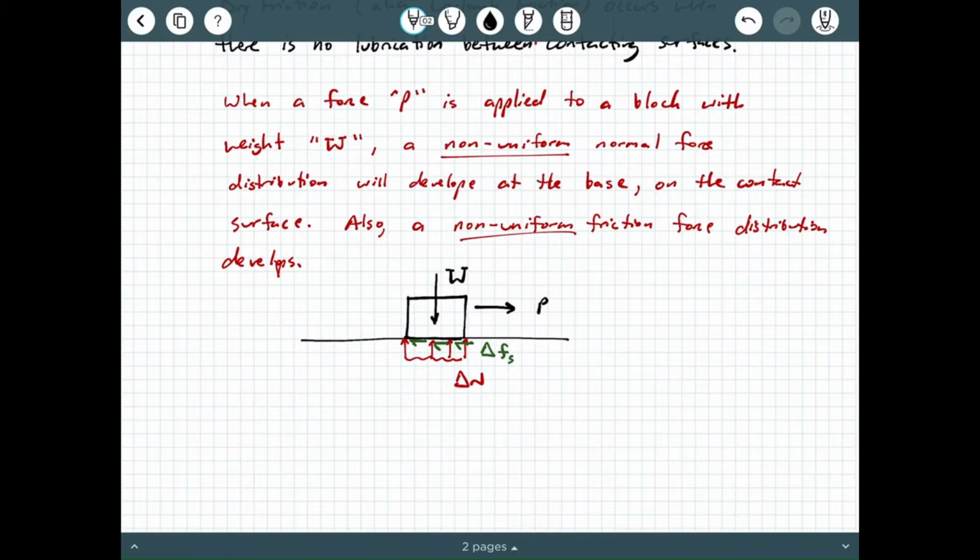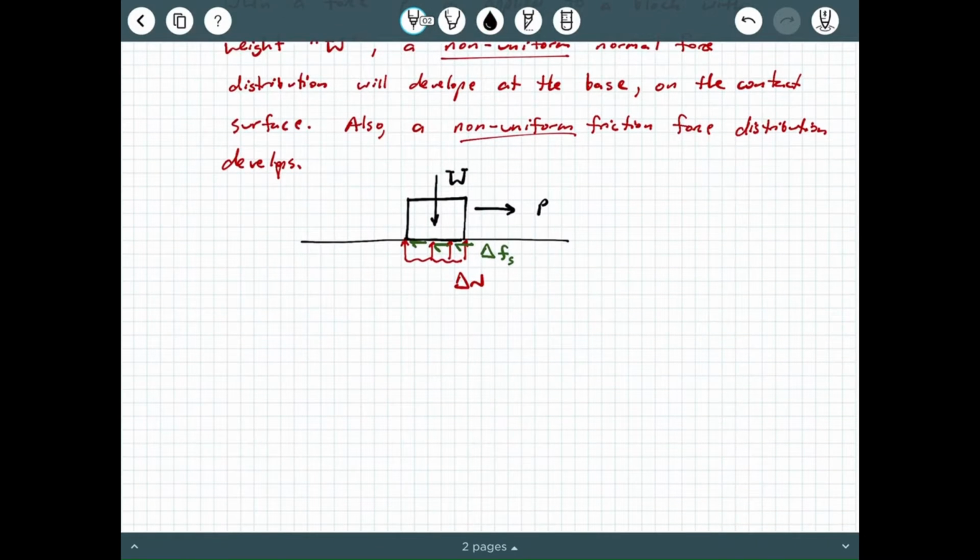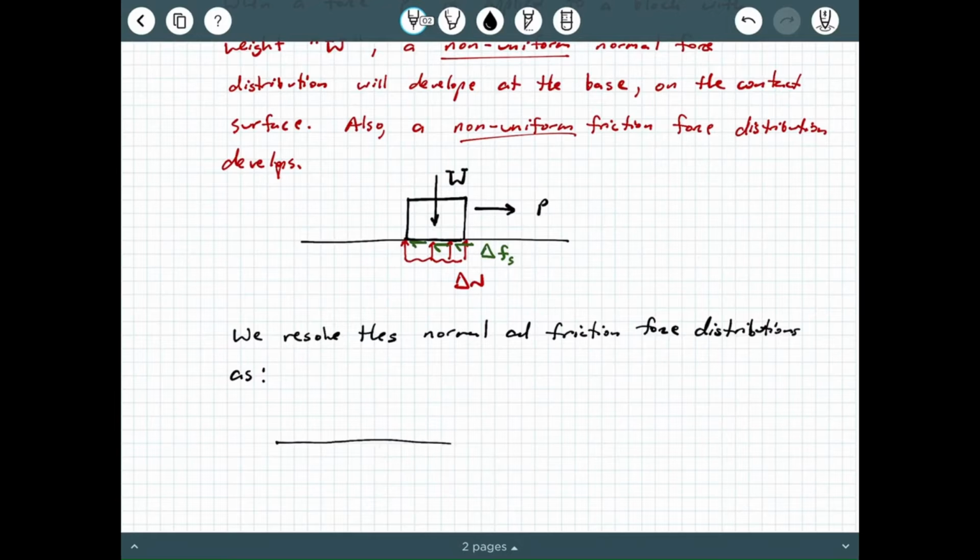But simultaneously, what's going to develop is a non-uniform friction force distribution that will develop tangent or parallel to that contact surface. And I'm going to call this delta F sub S, okay? Now, what we can do is we can resolve these normal and friction force distributions as the following. So we're going to take that same surface here, and we have that same block, okay?